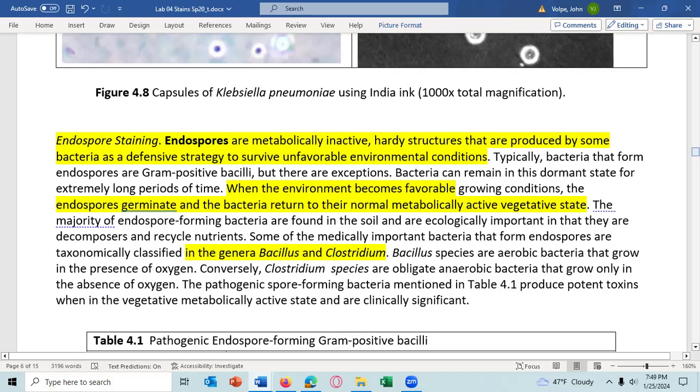And then when the environment changes and now becomes favorable, the endospore will germinate and the bacteria will change from being an endospore to being a normal vegetative cell, whatever the species is, and the cells will become metabolically active. Any question about any of that?